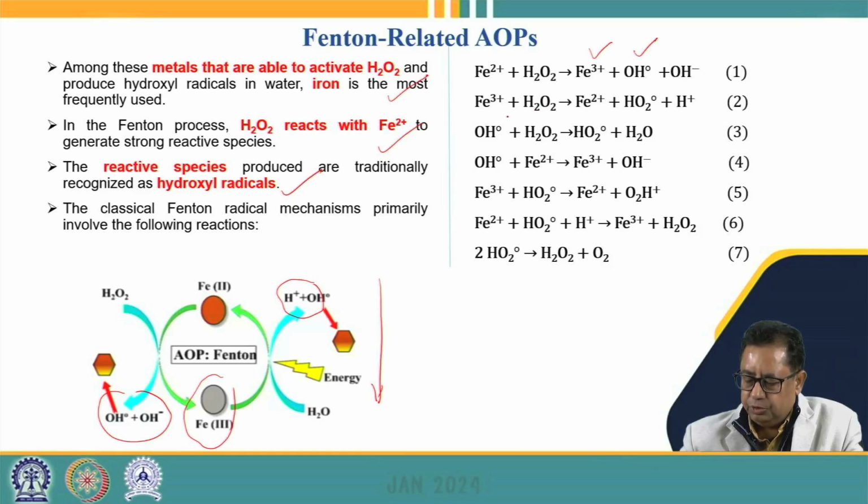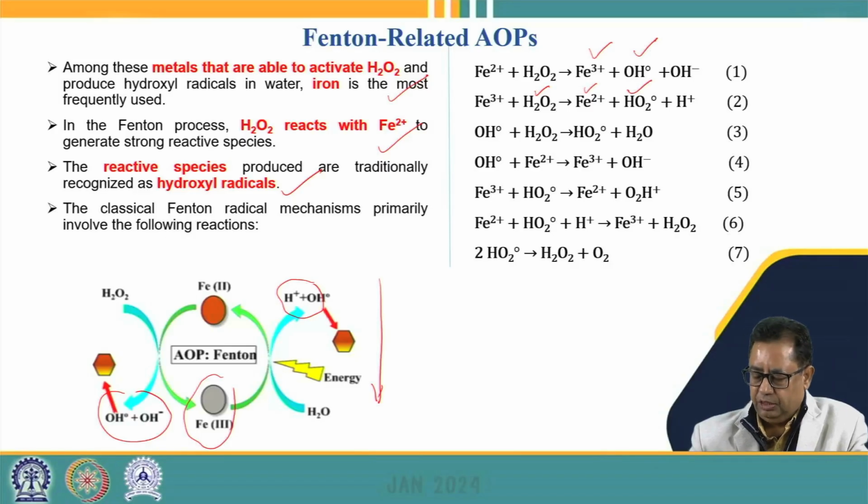Similarly, this ferric which is produced can also combine with H2O2, and it can lead to the formation of ferrous ions and hydroperoxide radicals that are generated in this reaction. Now dot OH radicals may also combine with H2O2 to form hydroperoxide radicals, as well as the dot OH radicals can also combine with ferrous, which leads to the formation of ferric.